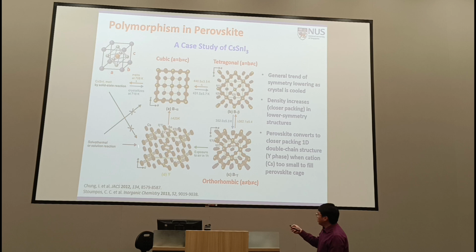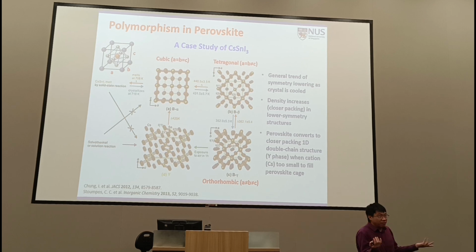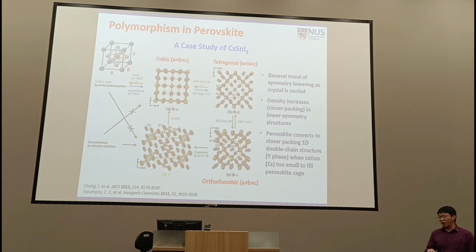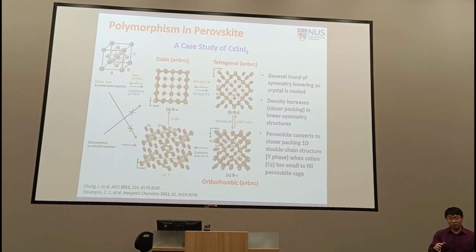They call this the gamma phase. Okay, it's just a name for it. It's a non-perovskite gamma phase upon exposure to air. And I think now we understand it a little bit better. It's usually created by moisture. So why air?